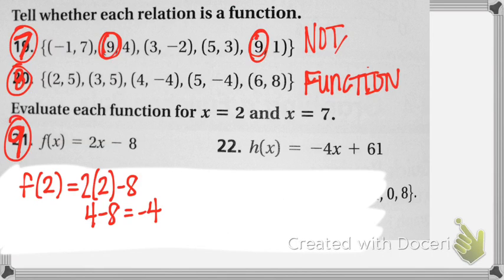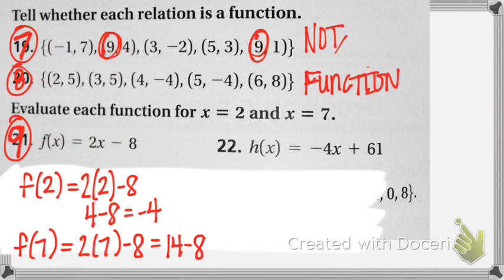If x is 7, f of 7 is 2 times 7 minus 8, which is 14 minus 8, which is 6. So those are your two answers. Anytime you see the word evaluate, what you're doing is plugging a value in for a variable. In this case, we're plugging 2 values in for one variable. That means I have 2 answers.